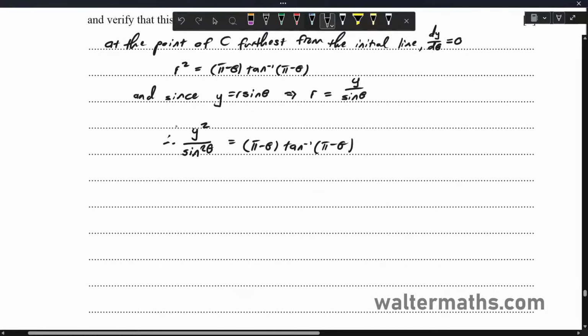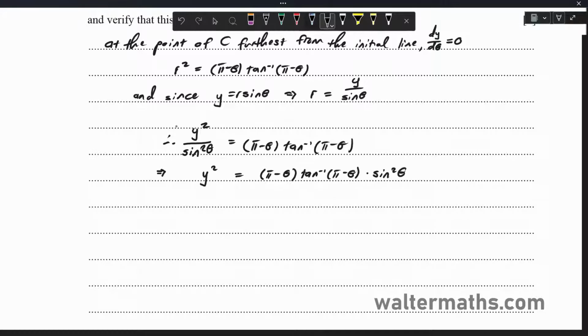All right. We're going to multiply both sides by sine squared theta. So y squared is equal to pi minus theta of arctan of pi minus theta of sine squared theta.